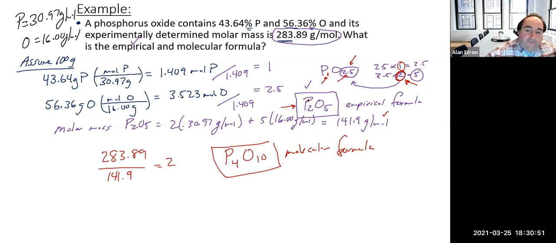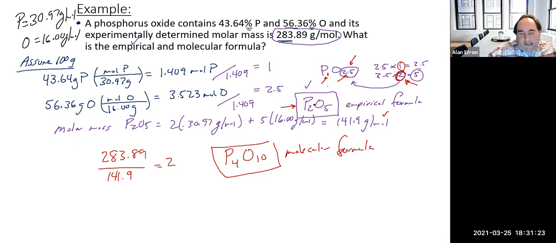So that wouldn't give you the simplest set. If you multiply by 4, you could then reduce it down to this one. So we're looking for the smallest number that we can multiply by that will yield whole numbers for everybody, because that will give us the empirical formula relationship of the simplest set of whole numbers that come together.